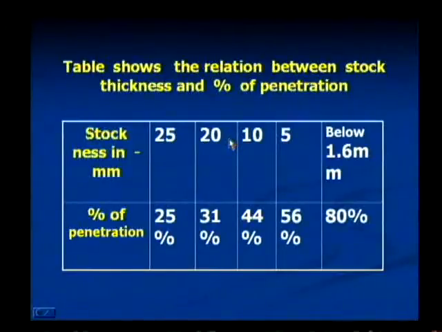If stock thickness is less, that is 20 mm, the percentage of penetration increases to 31. If it is 10 mm, it is 44%, if it is 5 mm, it is 56%, and if it is below 1.6 mm, it is 80%. So, it is quite evident that as the stock thickness decreases, the percentage of penetration increases.